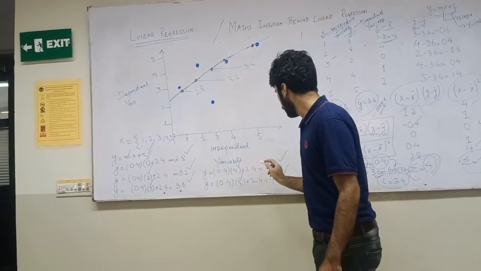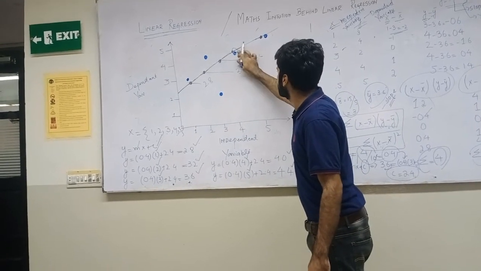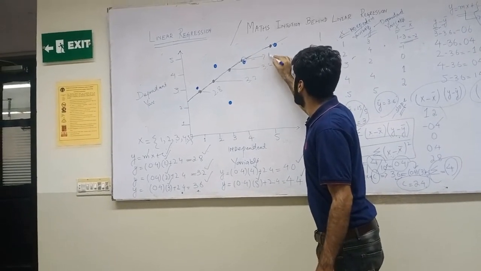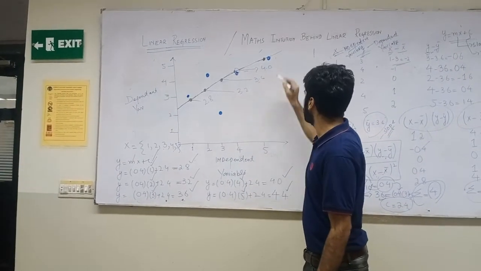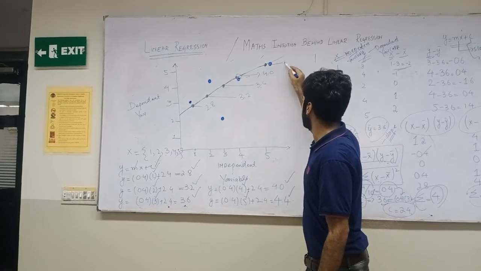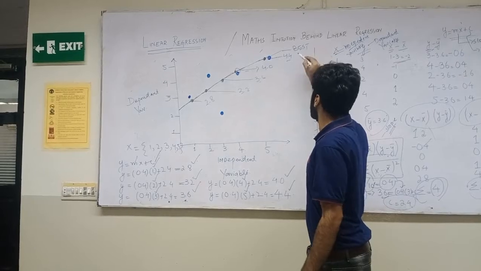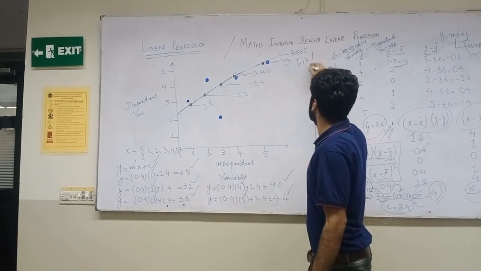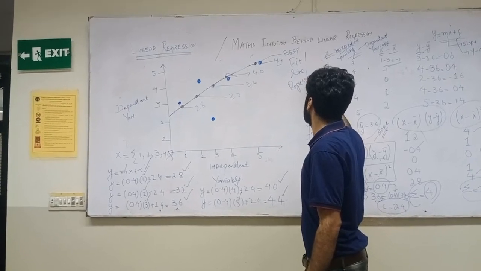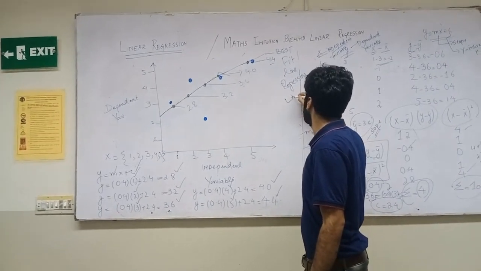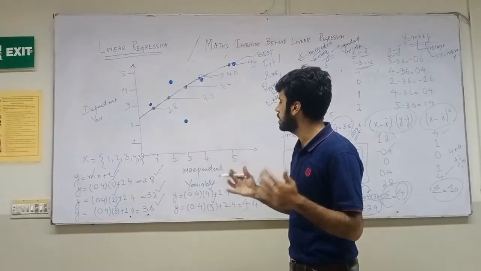At x equal to 4, my value of y is 4.0. And at x equal to 5, my value of y is 4.4. So this is basically my best fit line, or you can say regression line. So this is how we can create a best fit line, or a regression line.